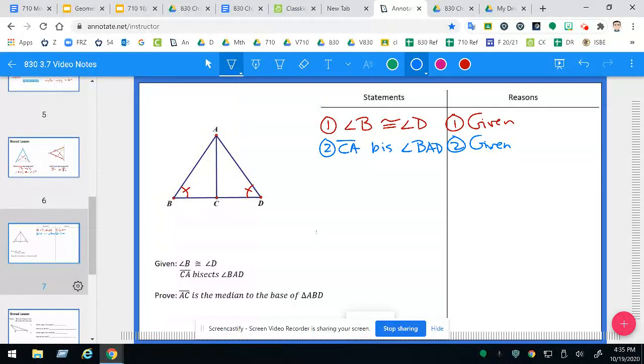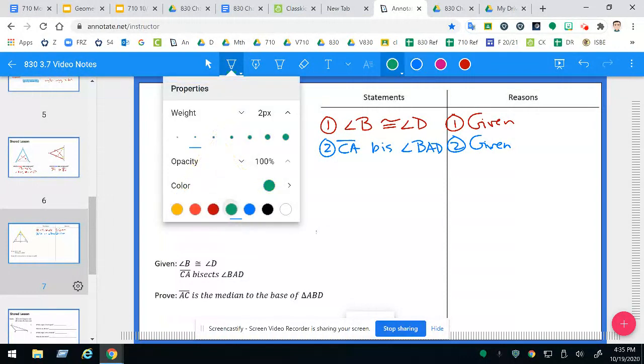It's a bisection. Now, I know that if the angle is bisected, that's going to give me a couple of congruent angles. So I want to lock in right away and see where those are. So if angle BAD is the one that's bisected, then I can see here that BAC and CAD are going to be my congruent angles, right?